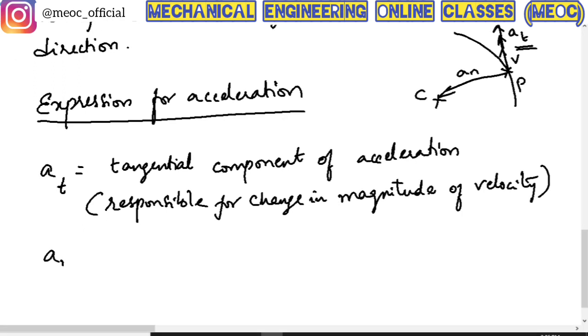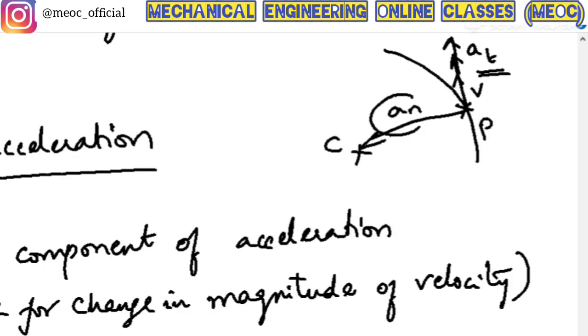And there is a normal component of acceleration which is along the normal direction. It is because of this normal component of acceleration that the direction of velocity changes. Otherwise, if this an is not there, then the particle will go along the tangential direction only, because the velocity is in that direction only. But this particle is taking a deviated path which is not tangential, nor is it towards the center.